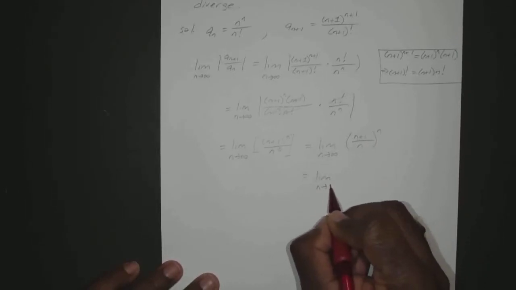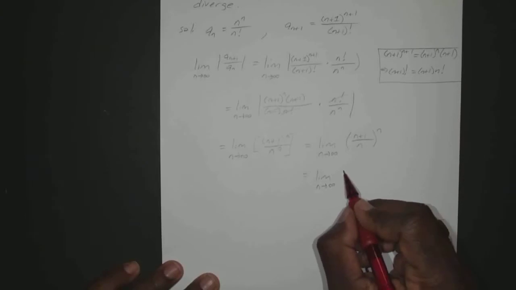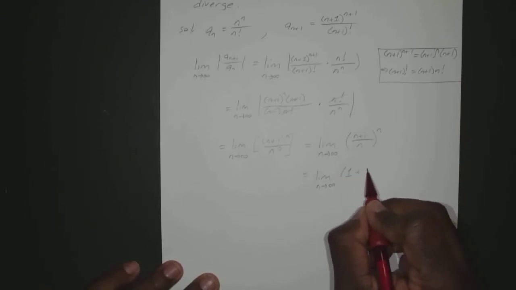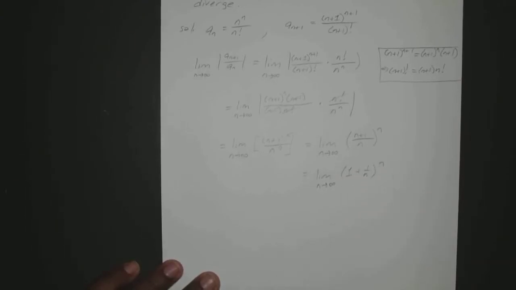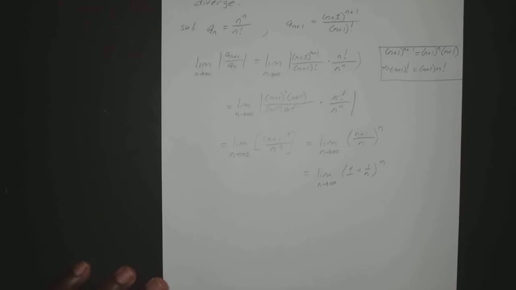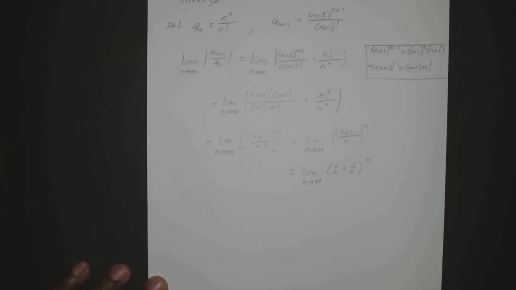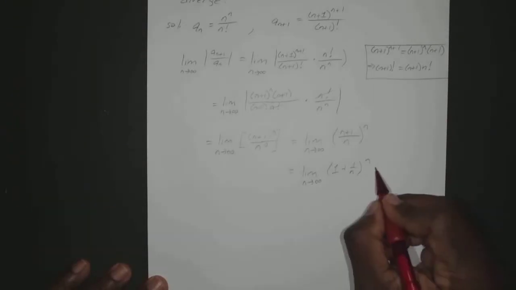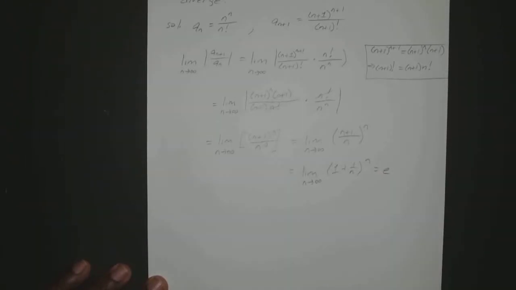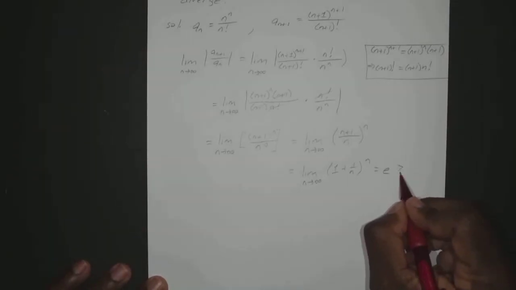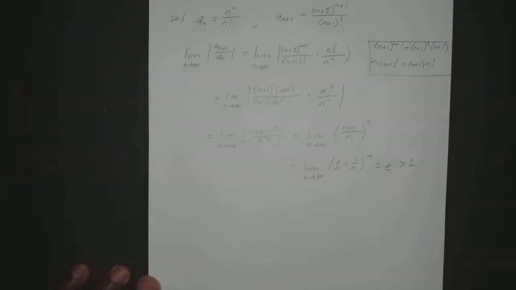We can rewrite that as the limit of (1 plus 1 over n) to the nth power. It should look familiar, because this is just e, which is greater than 1. Okay, so we know that this diverges.